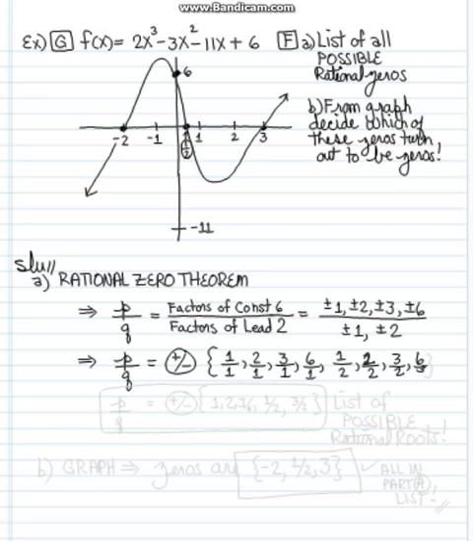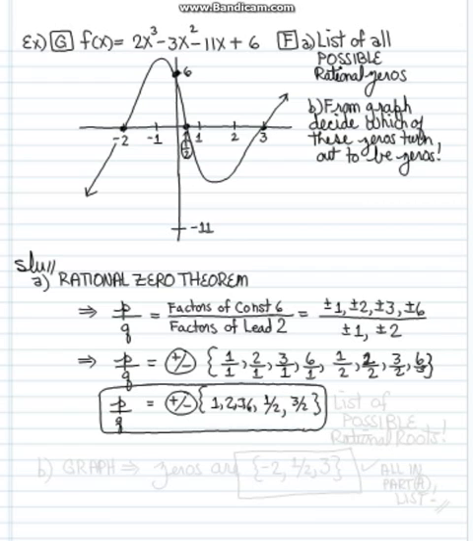And now we simplify, and remember that you don't ever repeat yourself. So if we have any repeated numbers, we're going to throw them out. And we end up getting 1, 2, 3, 6, 1/2 and 3/2. That's getting rid of any repeated numbers. And don't forget that plus or minus in the front. Don't lose those points.